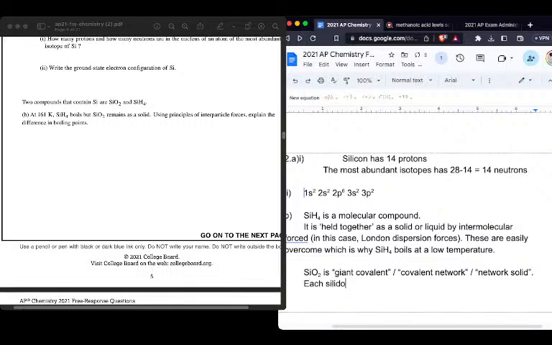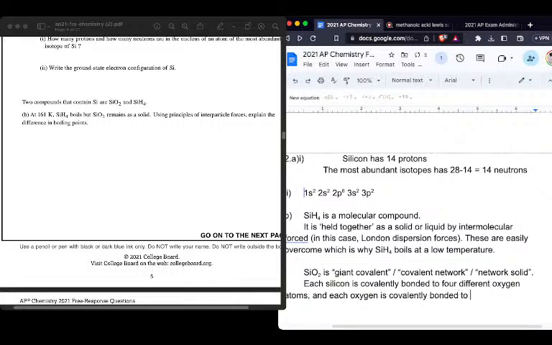Each silicon is covalently bonded to 4 different oxygen atoms, and each oxygen is covalently bonded to 2 silicon atoms. These covalent bonds repeat forever in all directions until you reach the end of the crystal lattice.